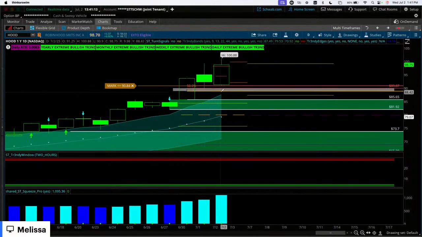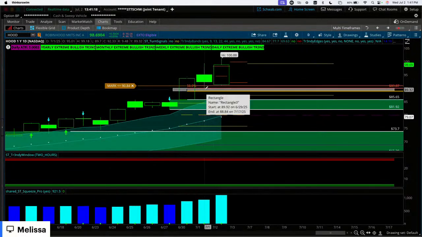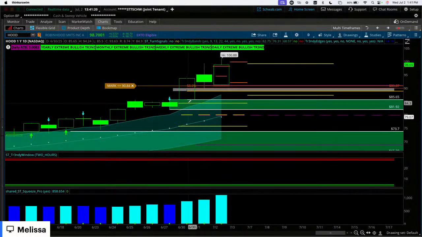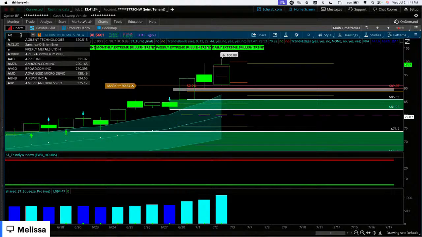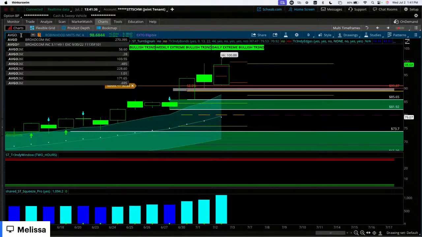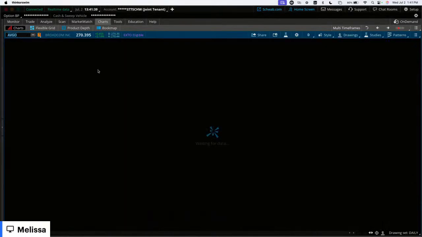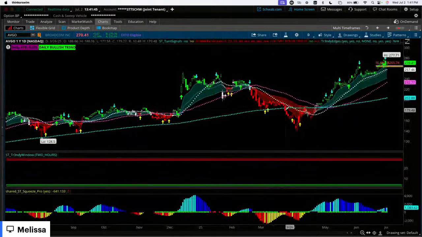So, like I said, I didn't take this trade, but it was another great example of how looking for golden pocket pullback buys can produce nice profits. Another name that's been really hot, making new all time highs day after day, is Broadcom. And I will show you an example on Broadcom where I believe the pullback occurred yesterday as well.